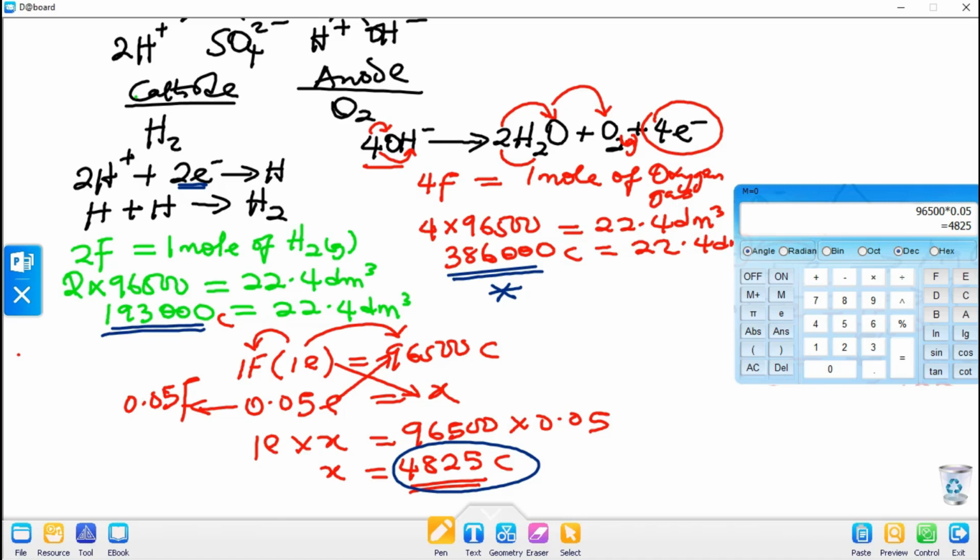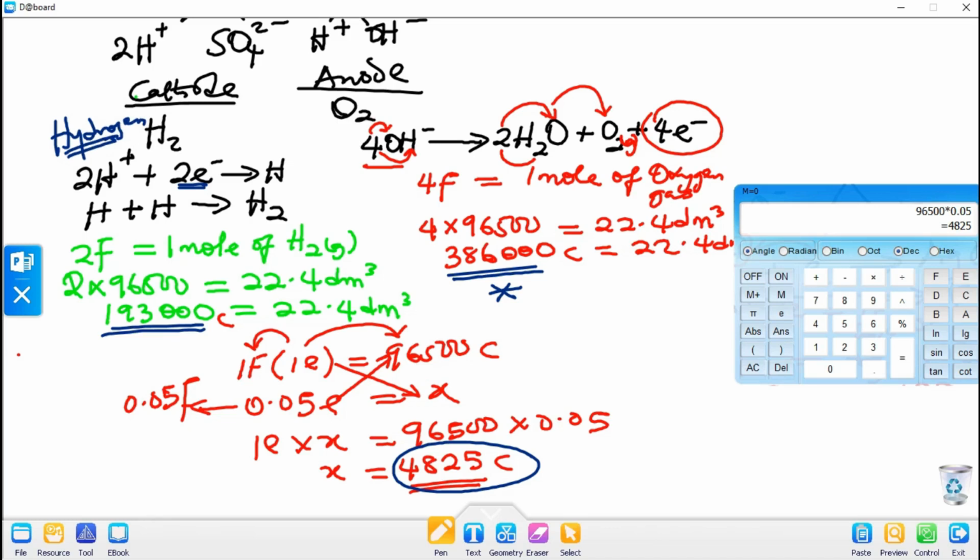So this is actually what we should know. Now, we have seen that from the equation, 193,000 coulombs of charge will liberate 22.4 dm cube of hydrogen.